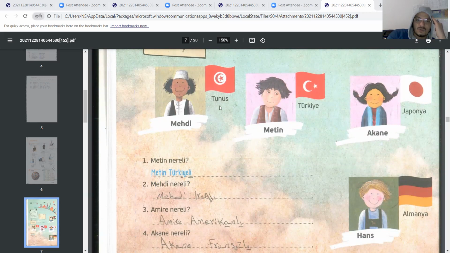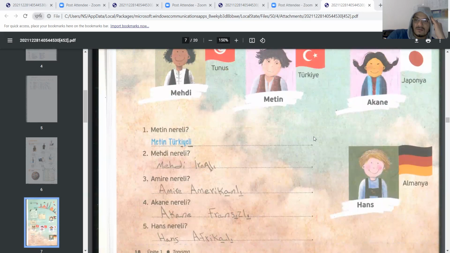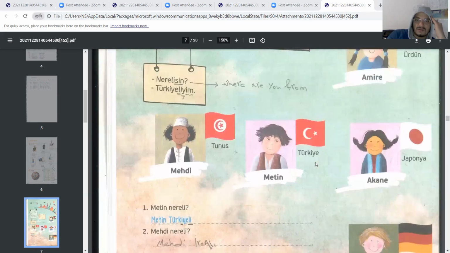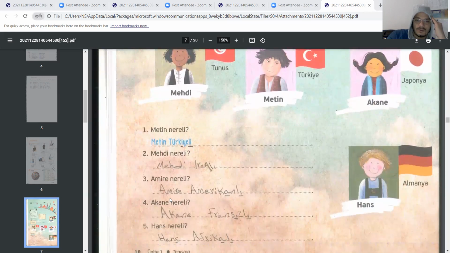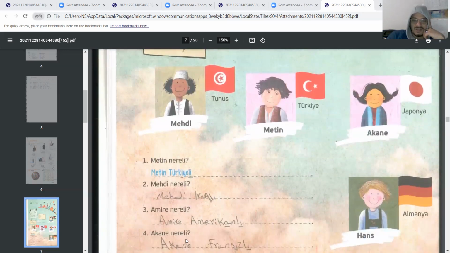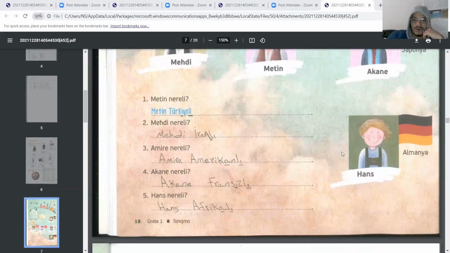Mehdi Tunuslu. Emire. Where is Emire from? Ürdünlü. Emire, I just wrote that from my mind, Amerikalı. But the appropriate answer will be about Emire. Emire Ürdünlü. We will put L and U at the end to be Emire Ürdünlü.